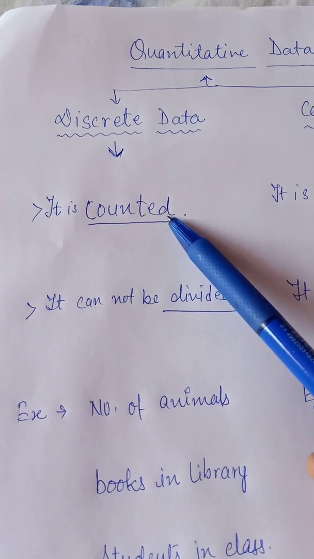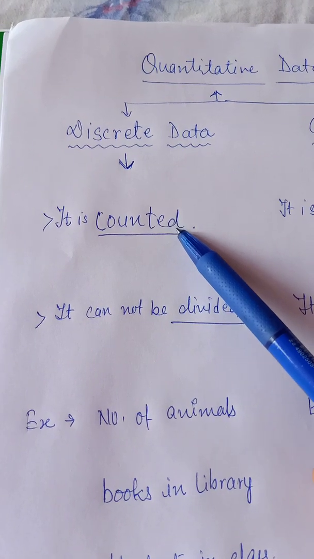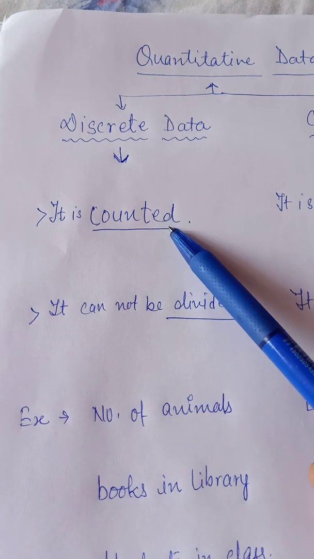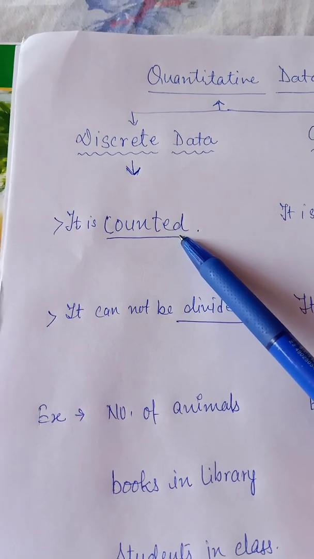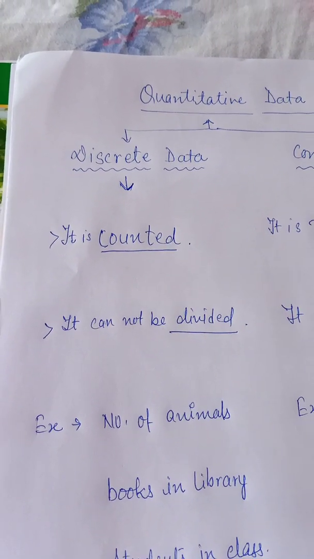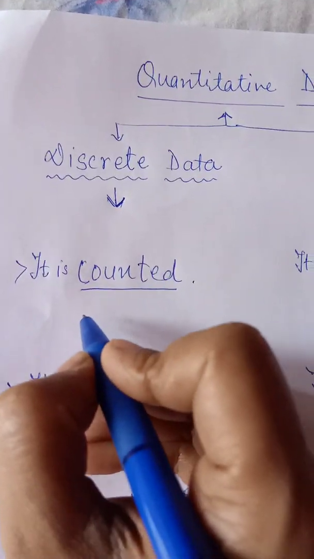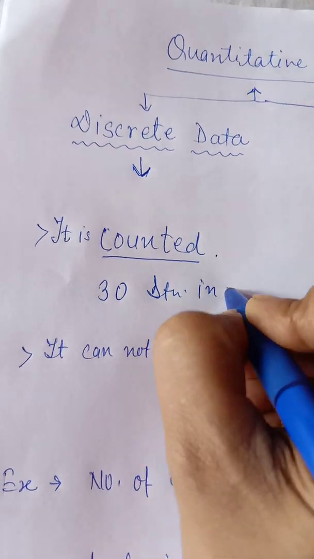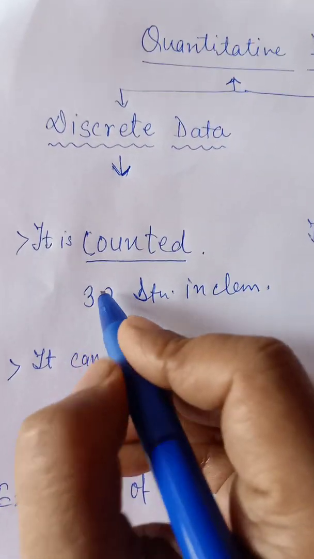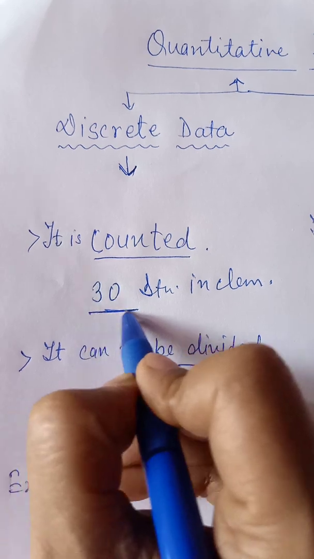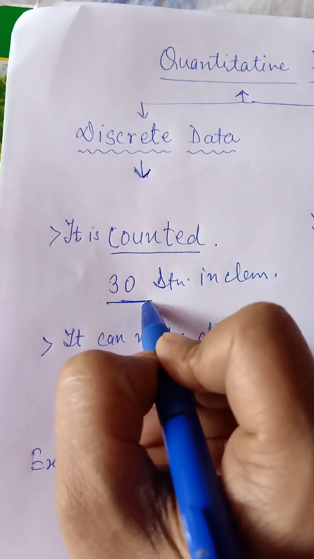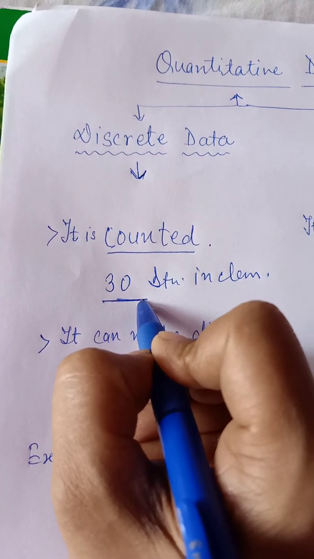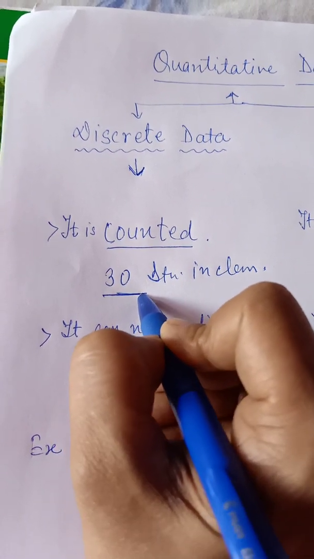It includes only those values that can be counted in whole numbers. Like if we are saying that there are 30 students in class, so this data will be countable in whole numbers. So it is discrete data.